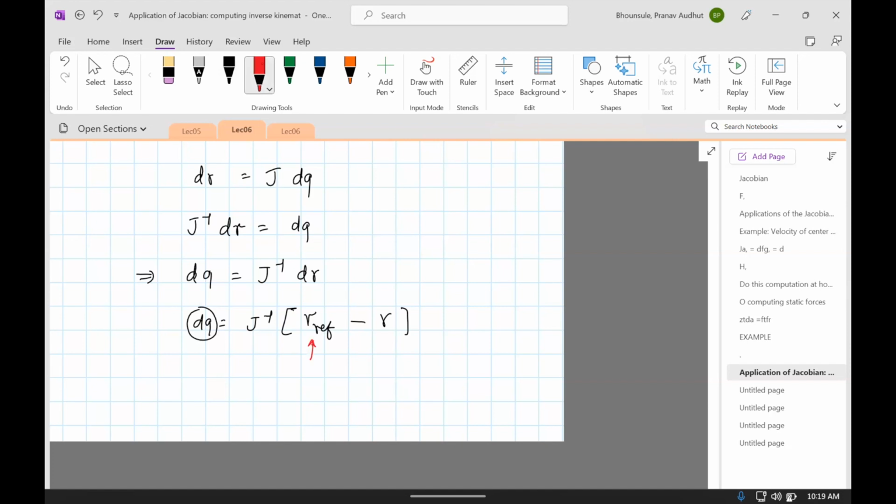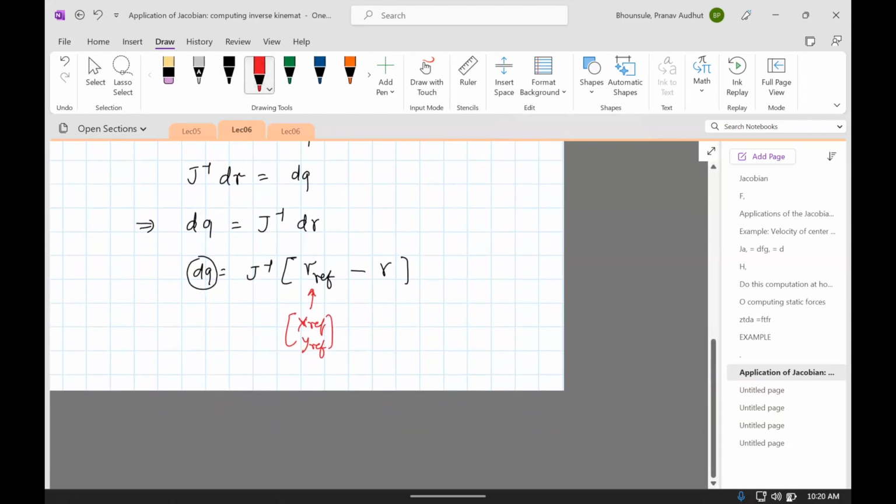So let's write this down. This is x ref, y ref, the reference motion. This is x, y, the actual position, and this is telling you the update in joint angle.